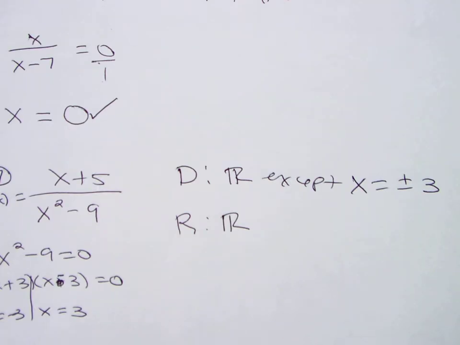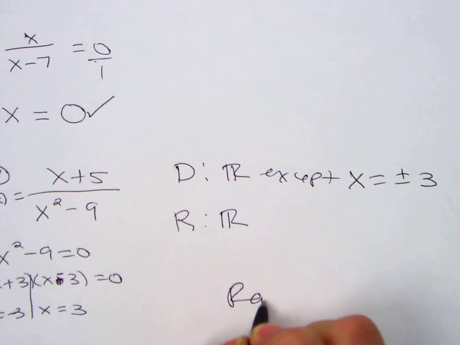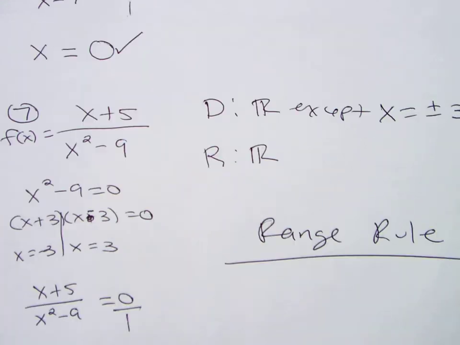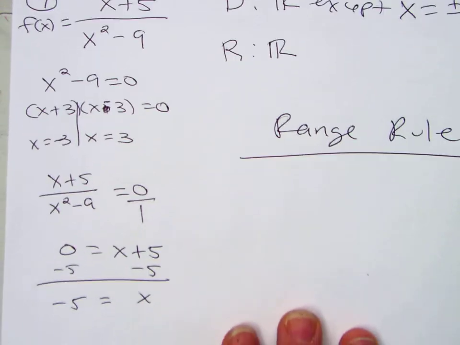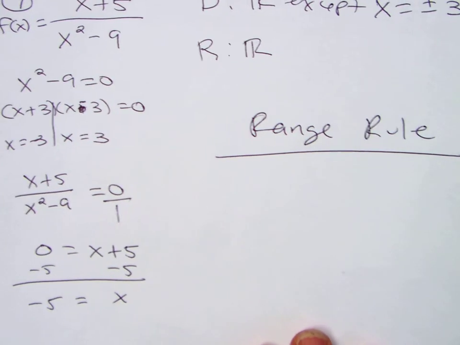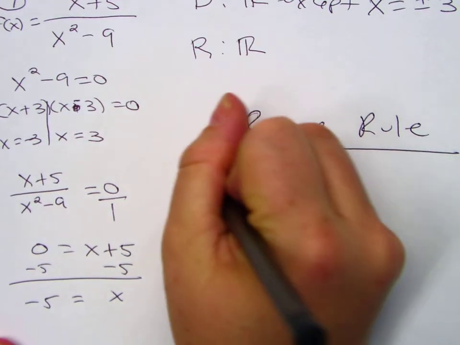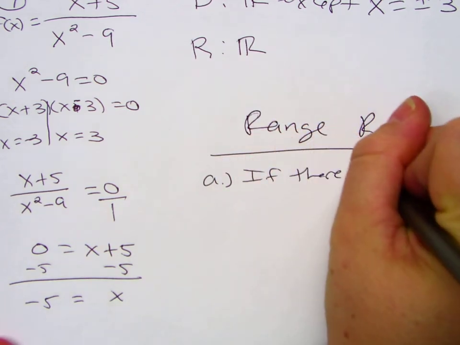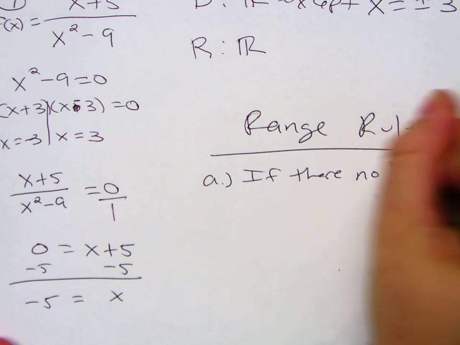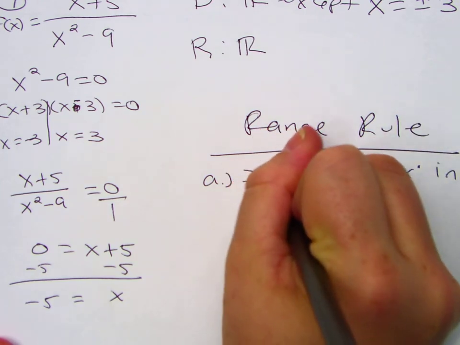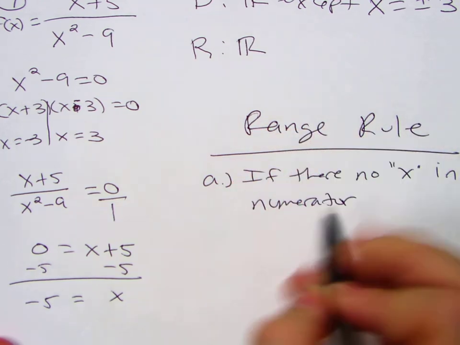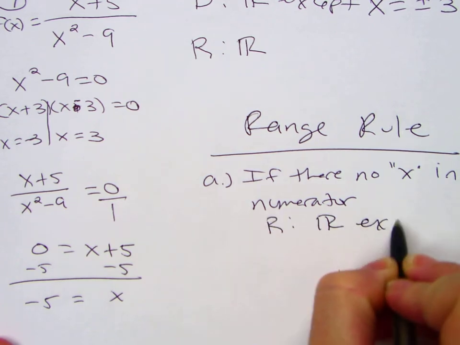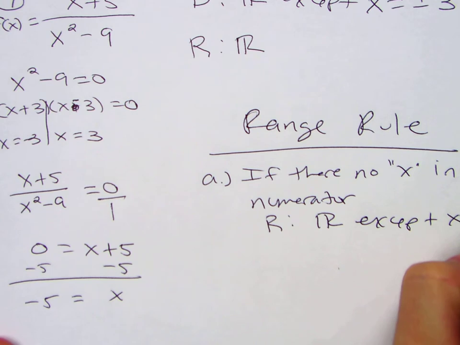Okay. So here's your range rule, if this is a struggle, because I know this is a struggle for some people. If there is no x in the numerator, the range is all real numbers except y equals 0.